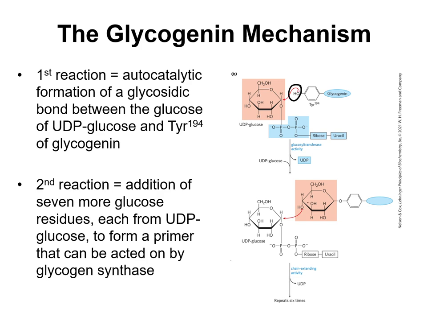Once we have that, then we can have the reaction happening again and again, only this time it's the hydroxyl on the non-reducing end of the glucose that again attacks the anomeric carbon of UDP glucose, and that is how we create a small primer that can be acted on by glycogen synthase.